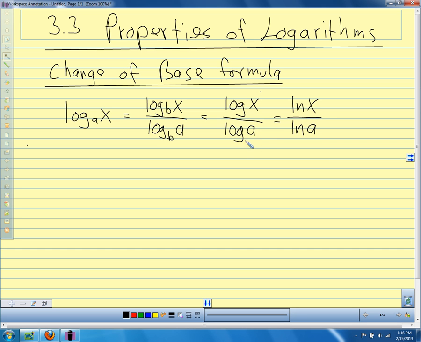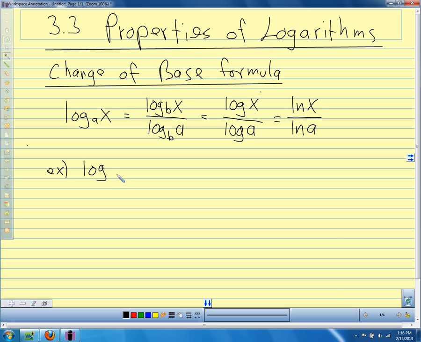So the only logarithms that we can do on our calculator are base 10 and the natural log. So if we want to figure out the log of another base, we have to use this formula. So let's take a look at a couple of examples using the change of base formula. And then in a little bit we'll talk about why it works.